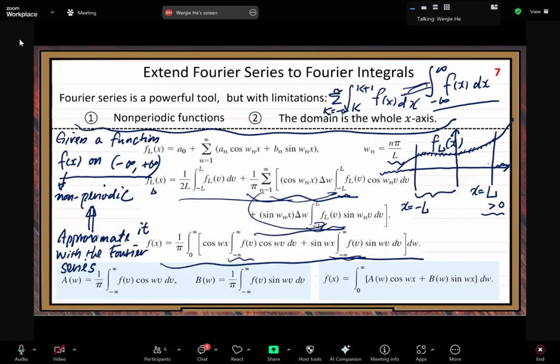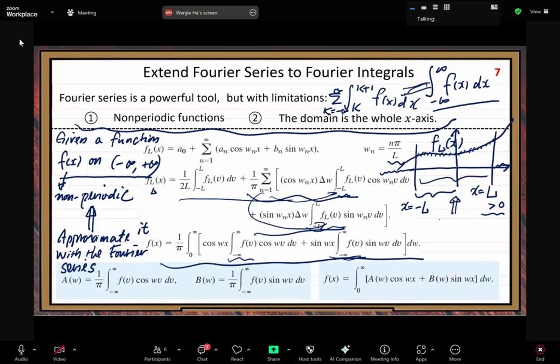Can we use this way to approximate an original function? Within this interval, these two functions have the same value, but outside this interval, they have different values. But the question is, let's represent this function, because we know we can use Fourier series for these functions, right?